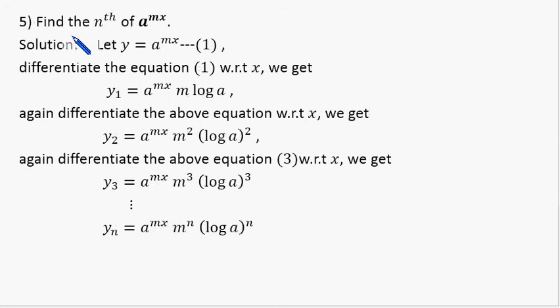Next, find the nth order derivative of a power mx. Let the given term y is equal to a to the power of mx. Differentiating the above equation with respect to x, we get the first order derivative is equal to a power mx into the derivative of mx, that is m, into log a.